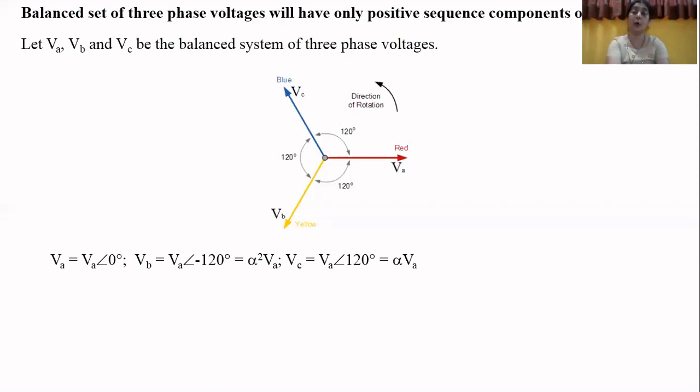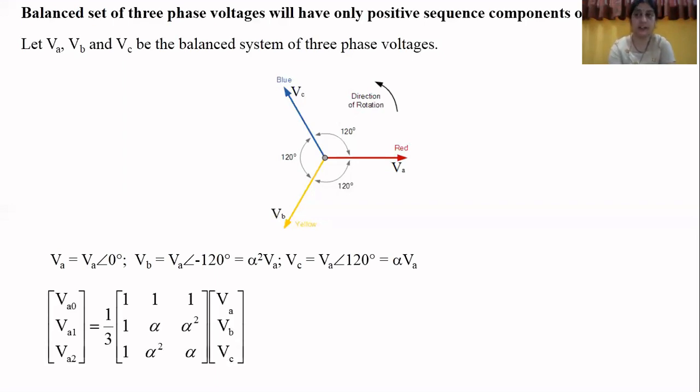Now, the voltages in terms of the symmetrical components, which we have already studied, can be expressed by replacing VA, VB, and VC with these new values.